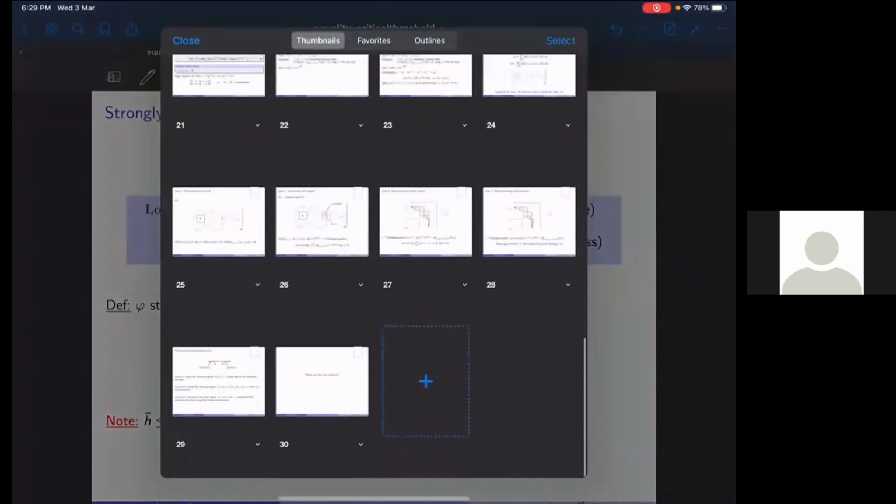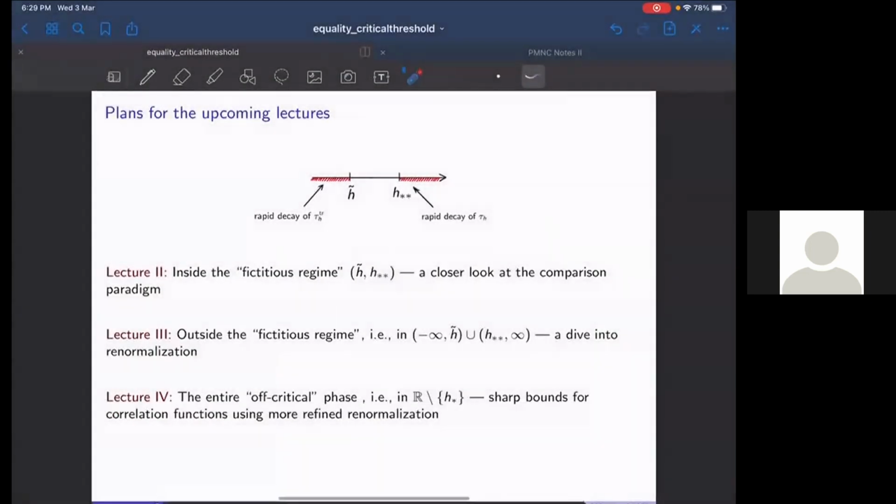Let me finish with the plan for the next 2 lectures, though there can be overlaps. In the next lecture I plan to talk about H tilde, but for the moment, think of it as H bar.